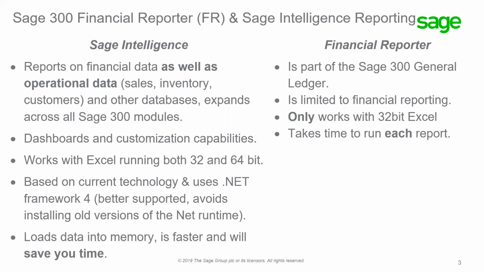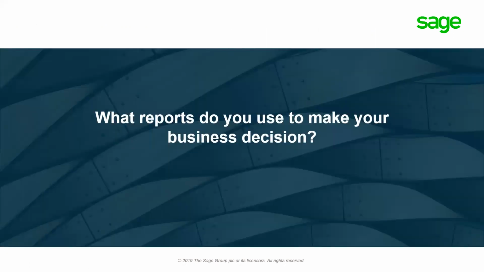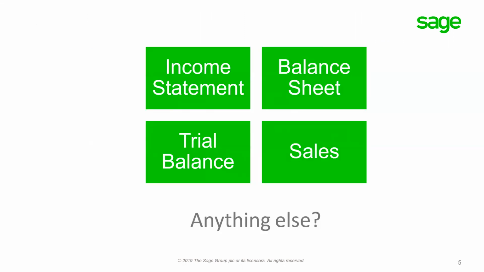Now with that, I have a question for you. What reports do you use to make your business decisions? Do you use some reports to make business decisions other than, of course, the ones that are on the screen, your financials, your sales reports, and what kind of sales reports? What other kinds of reports do you use?